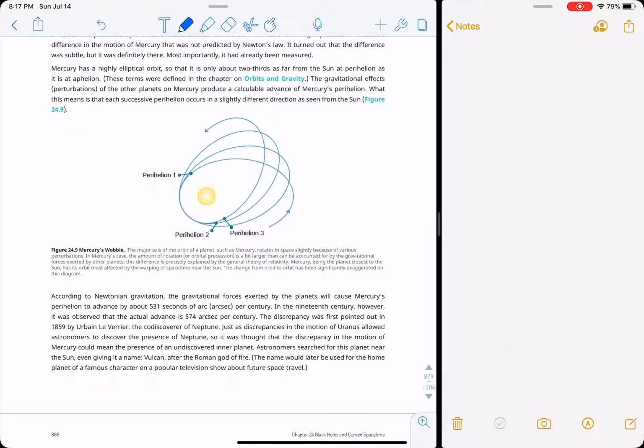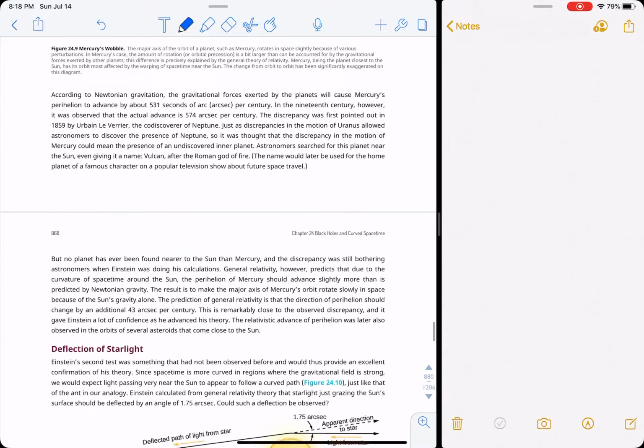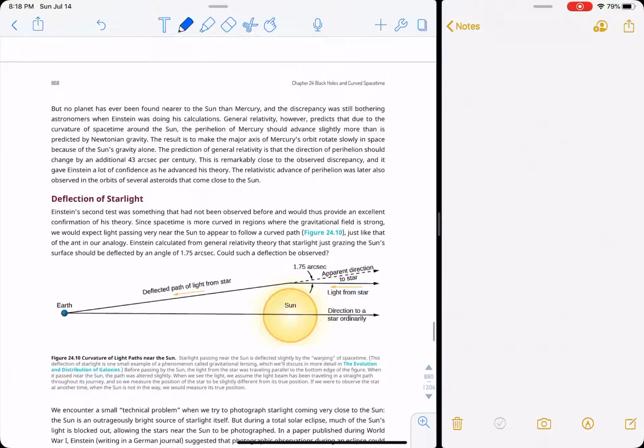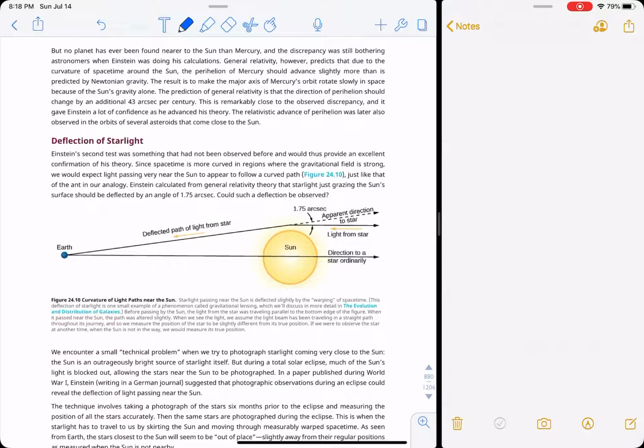That can only happen with general relativity, space-time. So general relativity predicted that the curvature around the sun would have this effect, and that was the first sort of like, whoa, okay, that's pretty cool.